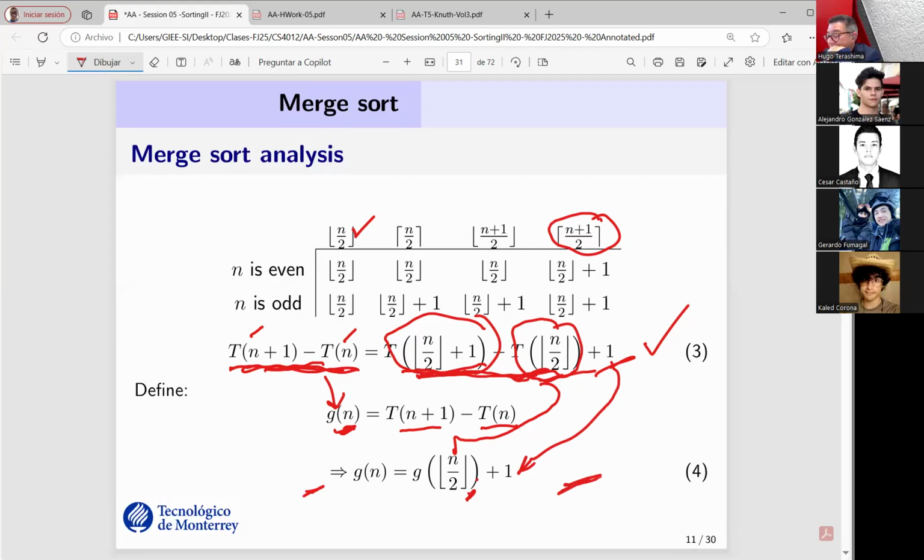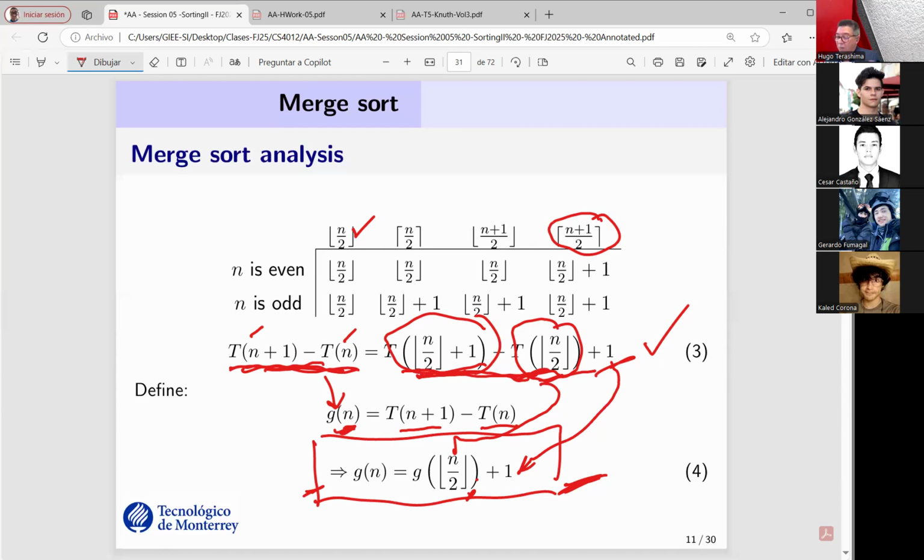Call this equation 4. Are we okay or not? Breathe deeply and tell me if you understand up to equations 3 and 4. Do you agree that we are having this recurrence, right? Yes or not?